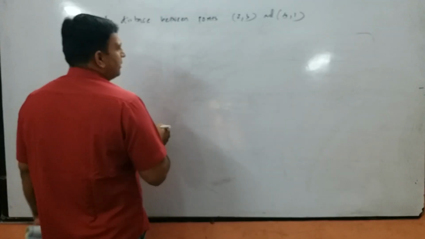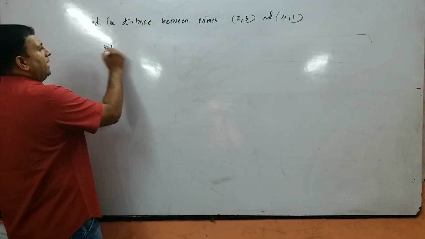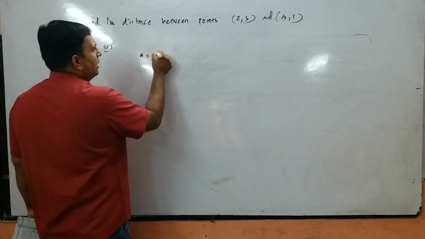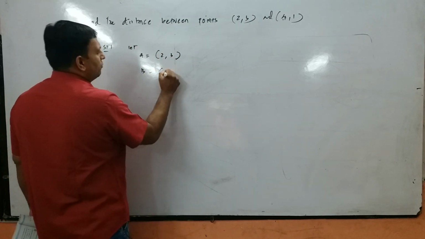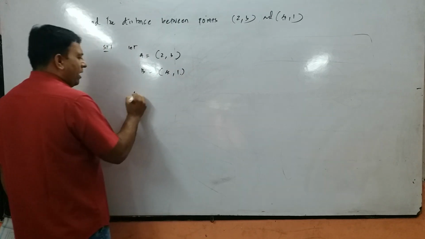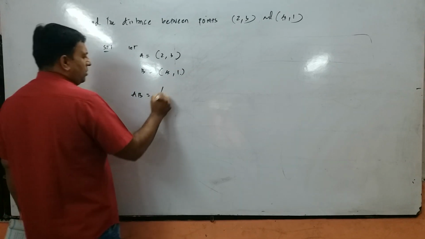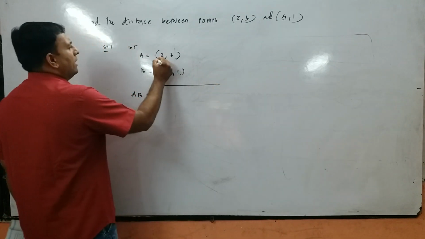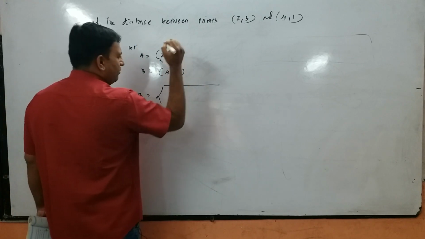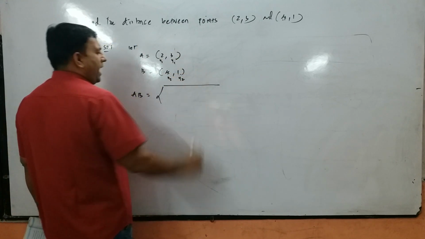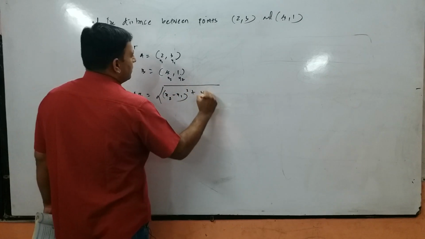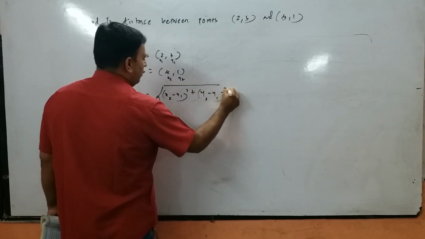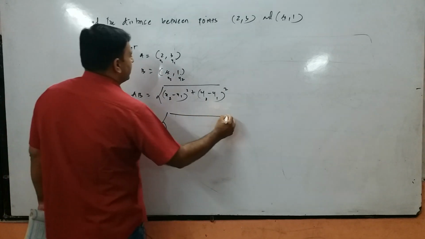Now how do I find the distance between these points? Let us say A is equal to 2, 3. Let us say B is equal to 4, 1. Now I will write AB is equal to under root of, let me call this x1, y1, x2, y2. As per the formula, x2 minus x1 whole square plus y2 minus y1 whole square. Now what is x2 minus x1 whole square?